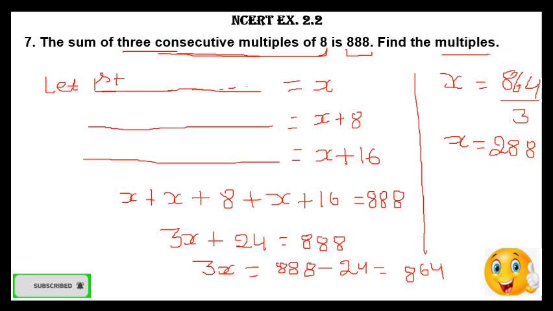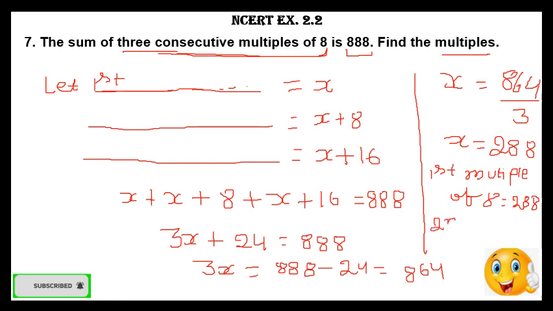Now the first multiple of 8 is equal to 288.